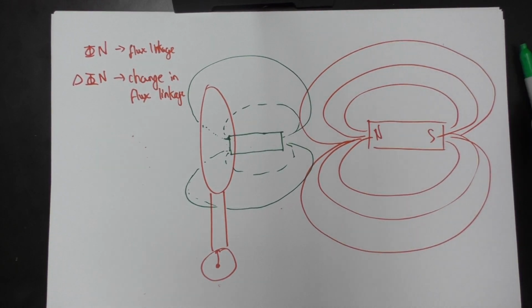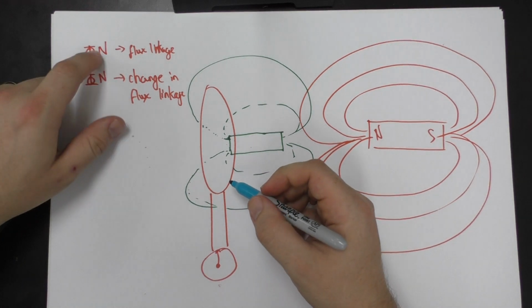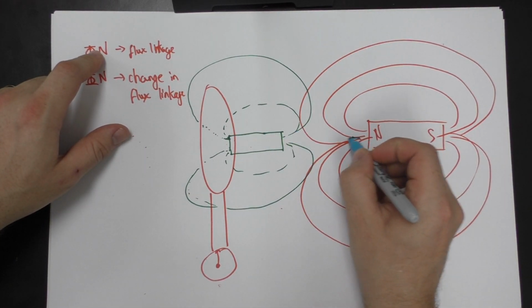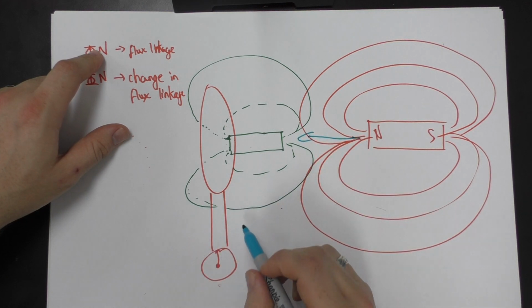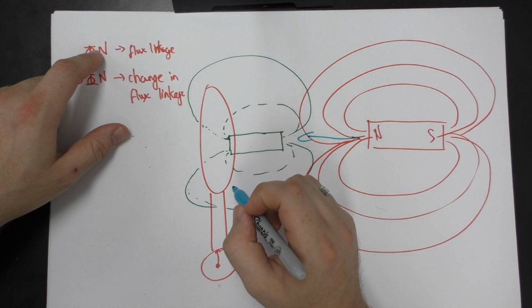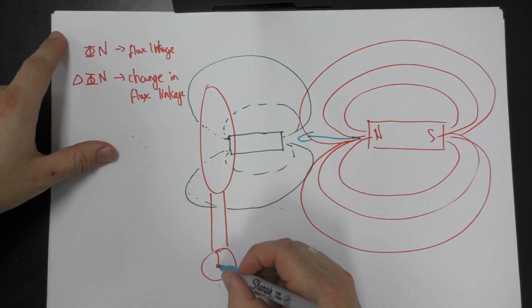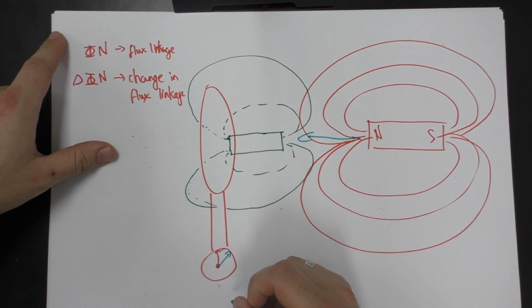So when we get a change in flux linkage, that's what's causing an EMF. So when we introduce this magnet into this field, we move the magnet from here to there, we get a change in flux linkage. And that causes this to flick to the side.